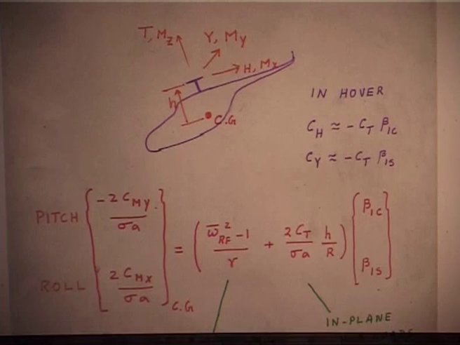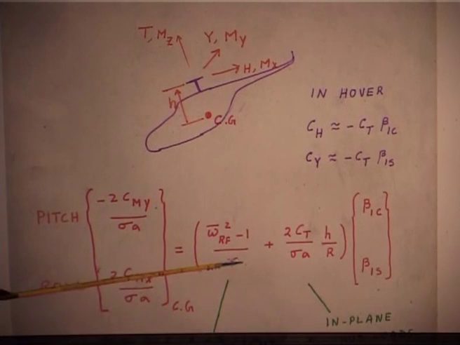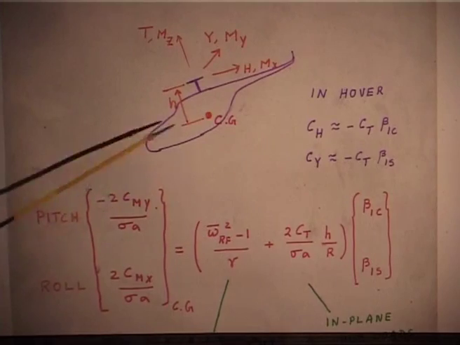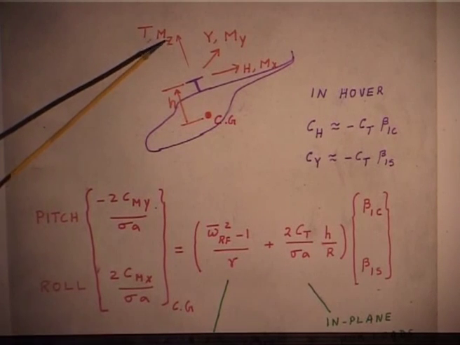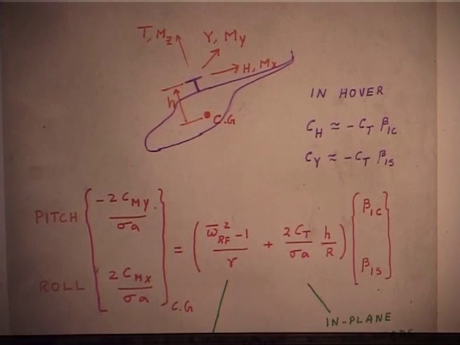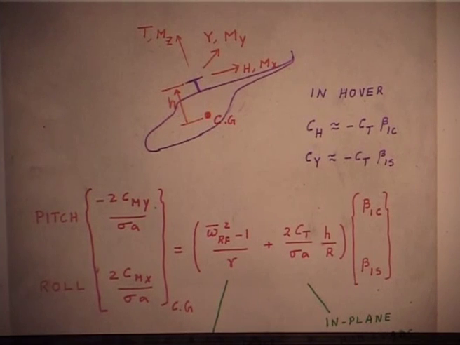But what happens to this? If you want to know the pitch moment, the thrust is directly passing through the CG, because I am saying CG is right on the shaft and thrust I always define perpendicular to the plane of the hub, so it is not going to give me any moment.